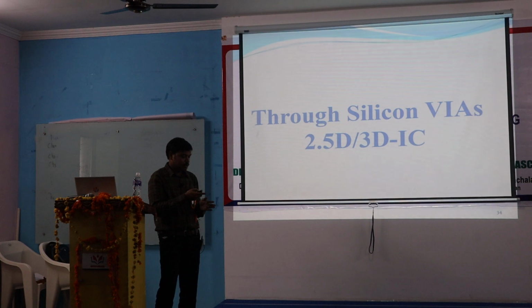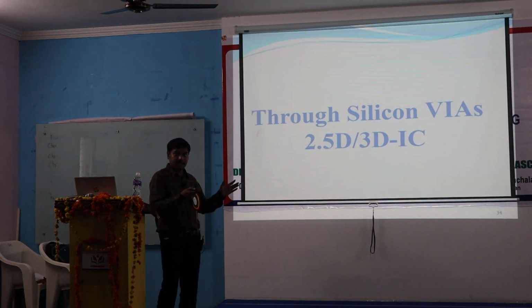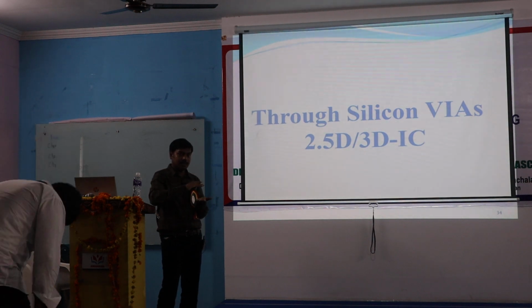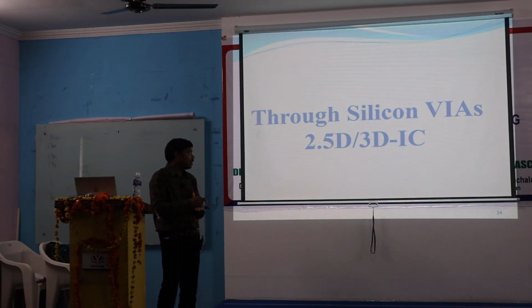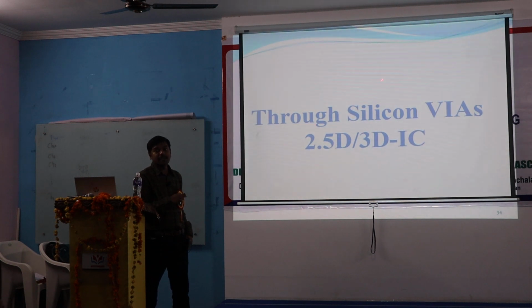This 3D IC is not currently in the market. Still we are doing the research on how to make the connections if the tiers are placed vertically. It is still in the research stage. But 2.5D is in the market. Intel recently released this 2.5D technology, called silicon interposer technology.